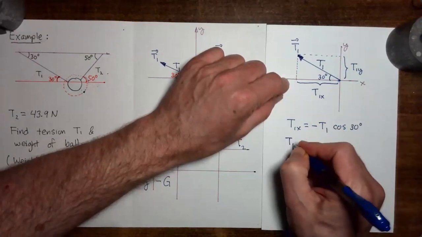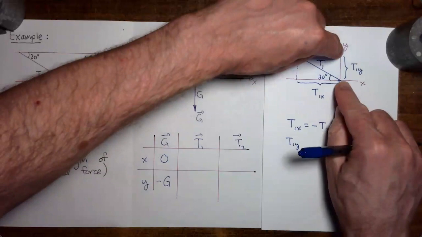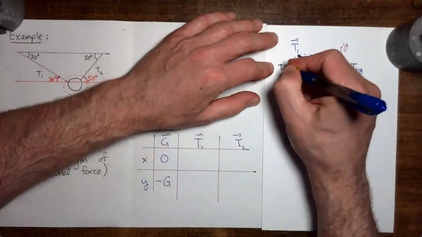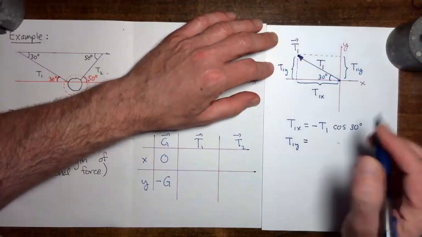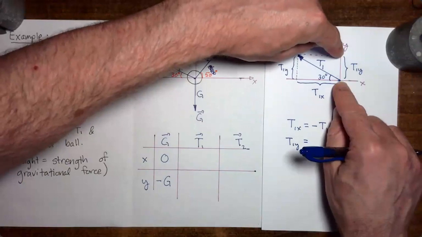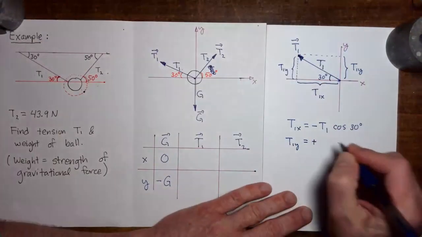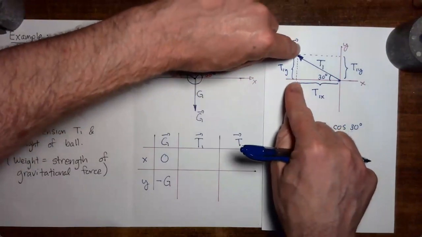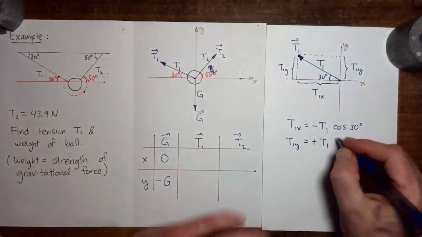Okay, then tension 1y component. So if this is T1y over here, then we could say that this is T1y as well. Okay, so tension 1y component is along the plus y direction, so plus. Then we have magnitude T1. And then T1y is opposite the 30-degree angle, thus sine 30 degrees.